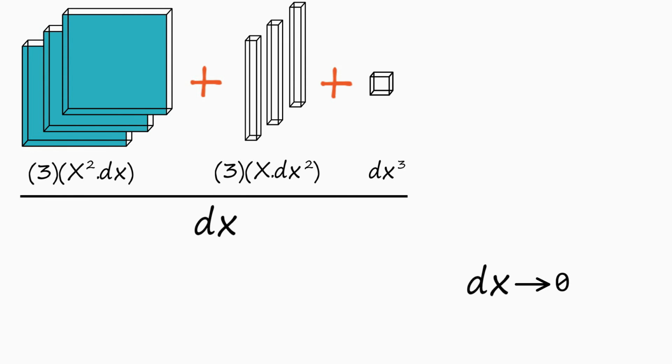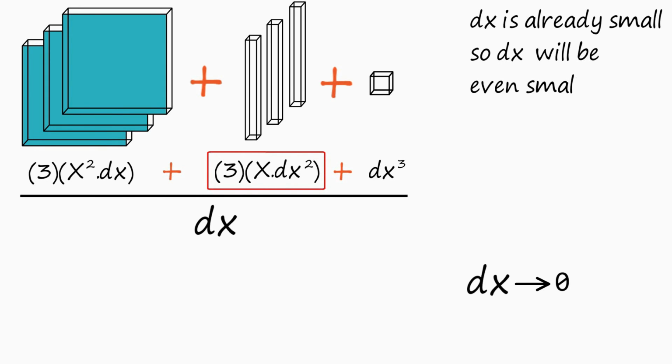And let me remind you again that this has nothing to do with dx being infinitely small. Infinity is not a factor in differentiation. So with that said, and now after looking at the third equation, we know that dx squared is going to be really small, and dx cubed will be even smaller.